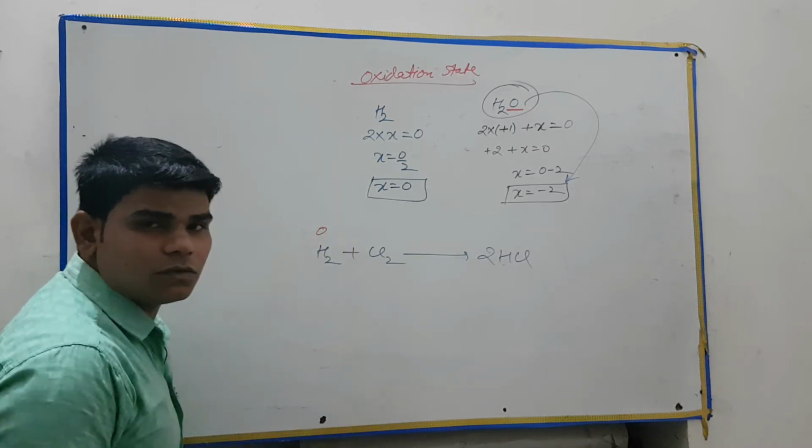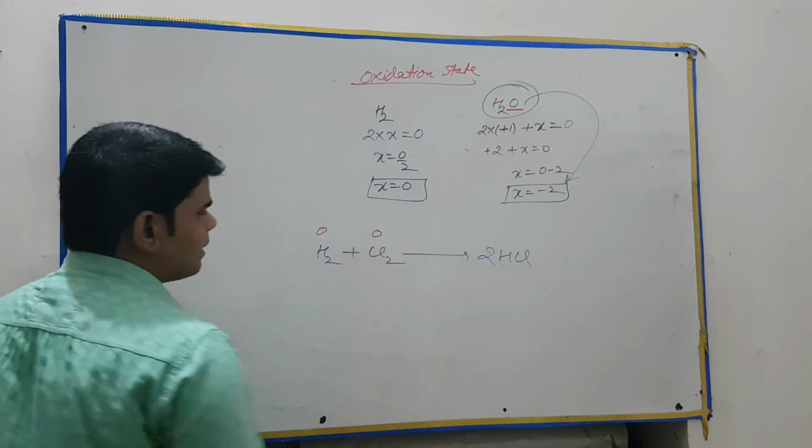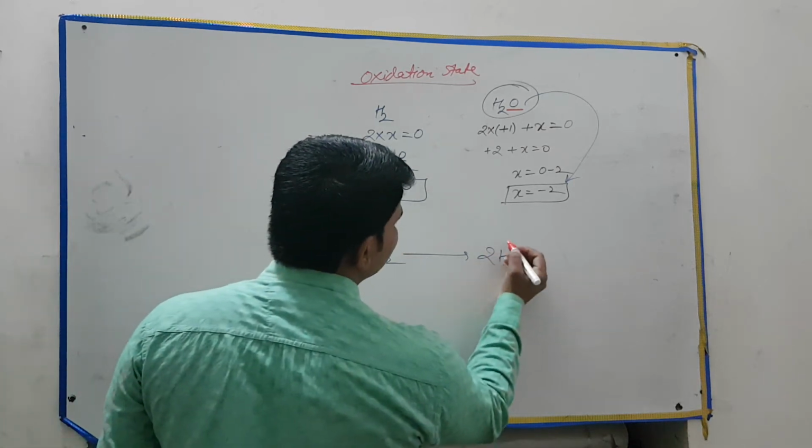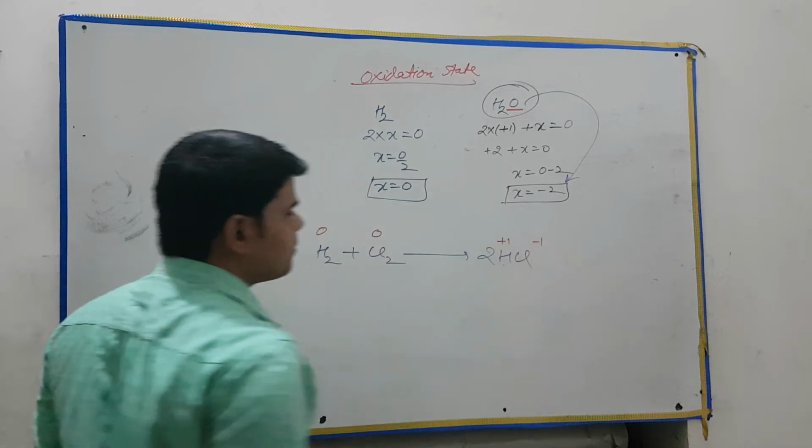So hydrogen is 0, chlorine is 0, and in HCl hydrogen is plus 1 and chlorine is minus 1.